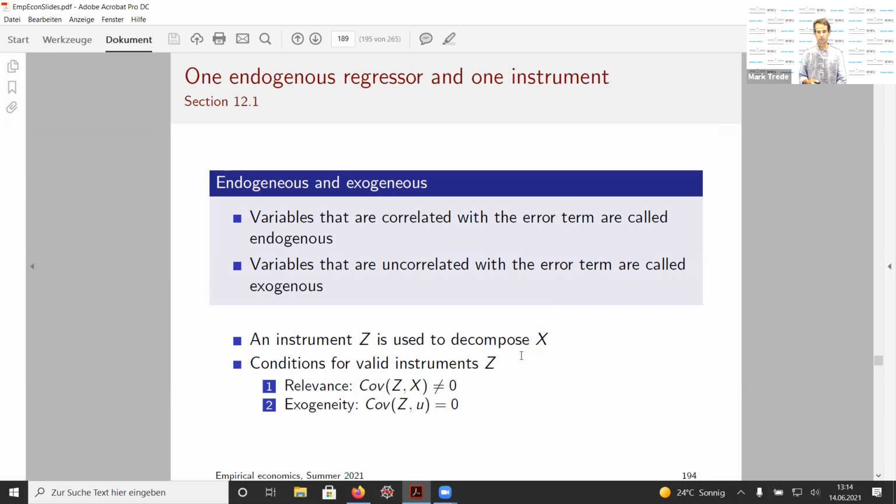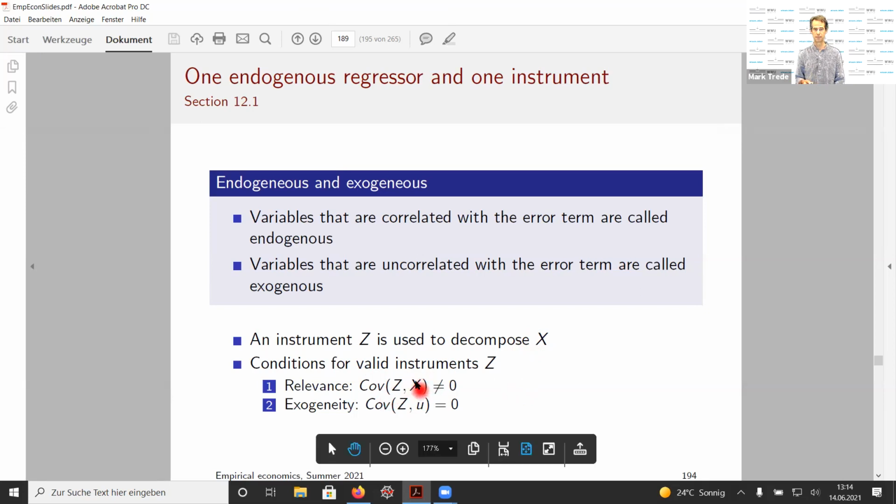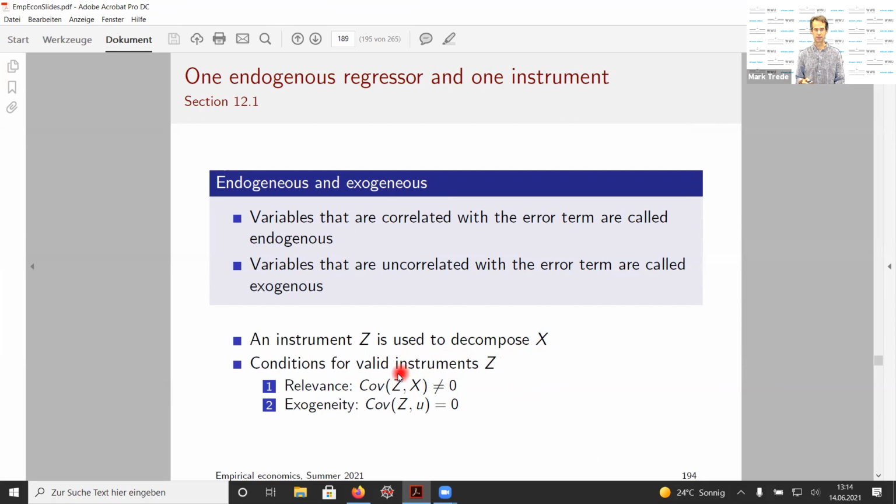We need two conditions for Z to be a valid instrument. The first condition is called the relevance condition, and it states that there must be some kind of correlation between the instrument and the regressor. So that's the relevance. In a way, it means that we can use the instrument to forecast values of x. Yeah? So there must be a relationship between the instrument Z and the regressor x.